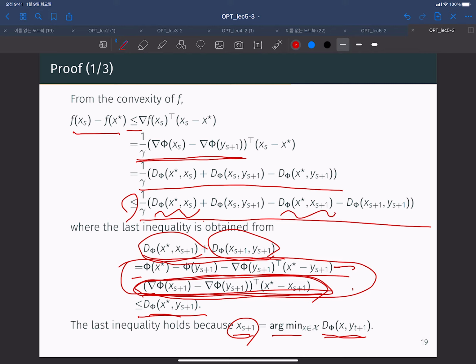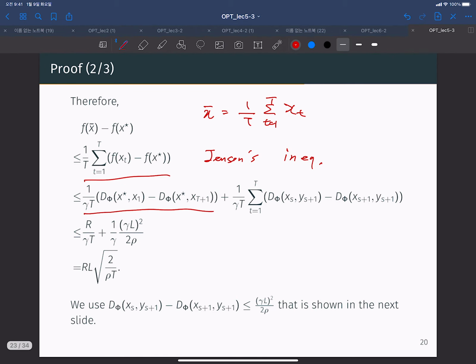This term and this term is the first part, and this term and this term is the second part. Then the sum of this red part cancels out by itself, because this is the Bregman divergence between x star and x_s minus x star and x_{s+1}. As you increase the index s, this will be cancelled by the next term of the first term. So in the end, we have this and the second term.